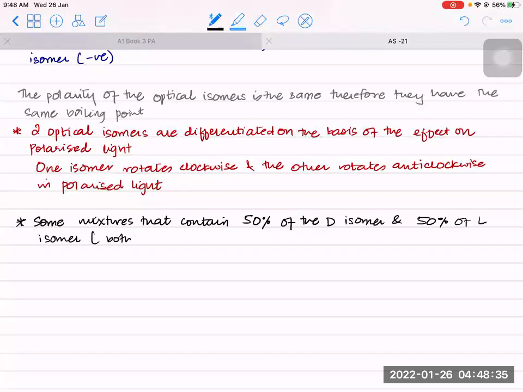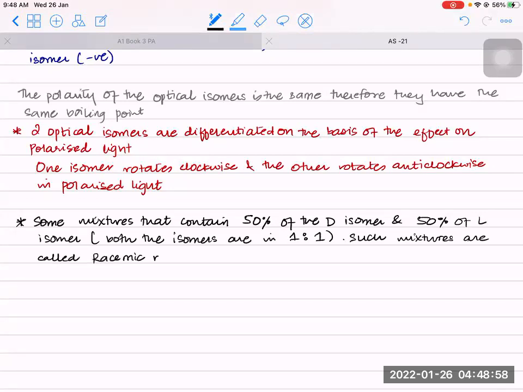Or can we say both the isomers are in what ratio? 1:1 ratio. Such mixtures are called racemic mixtures, where we have 50% of each isomer. Clear? Understood? Is this clear?